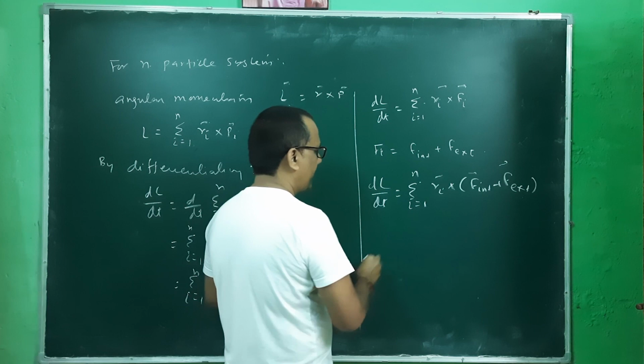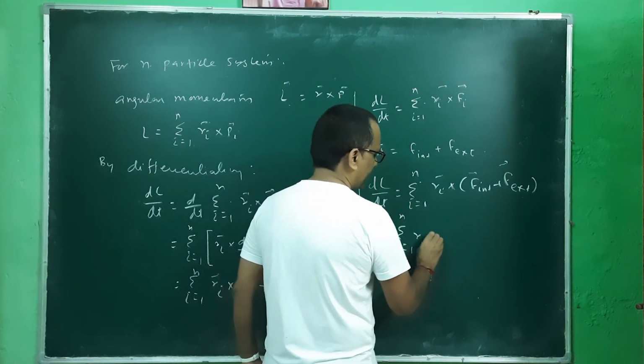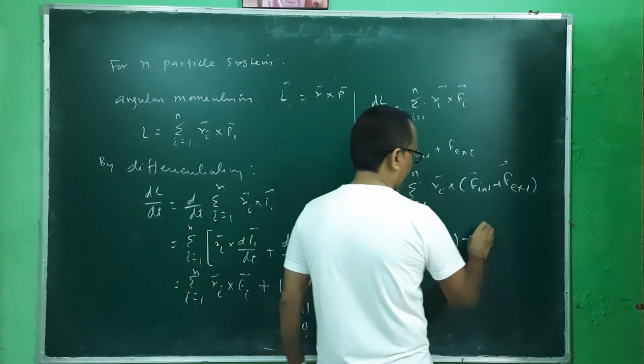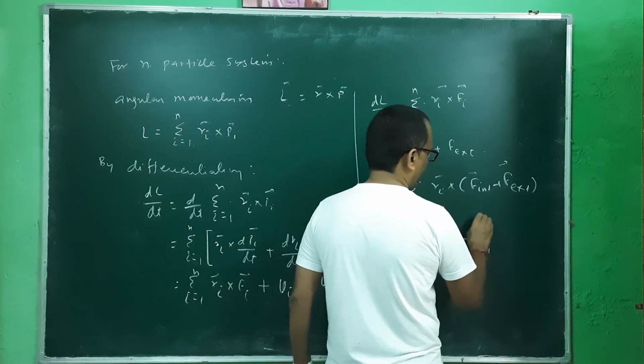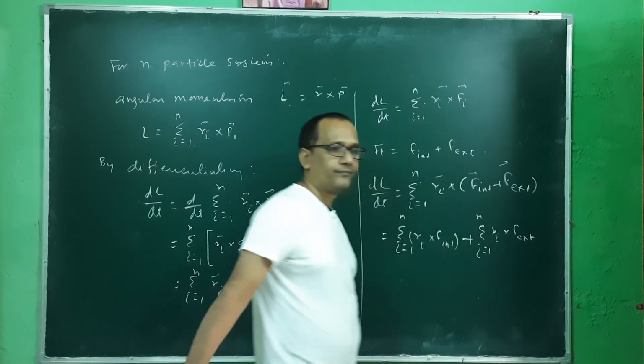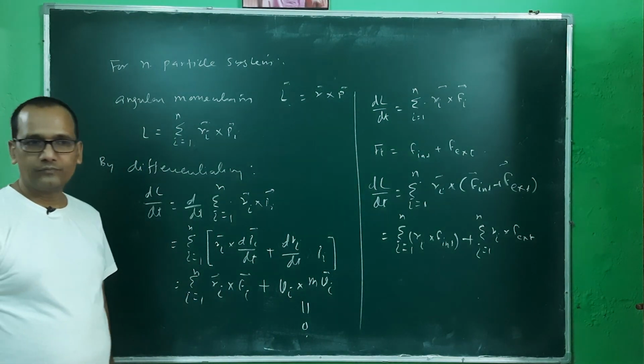So this will be equal to the summation of i equal to 1 to n of R_i cross F internal, plus the summation of i equal to 1 to n of R_i cross F external.